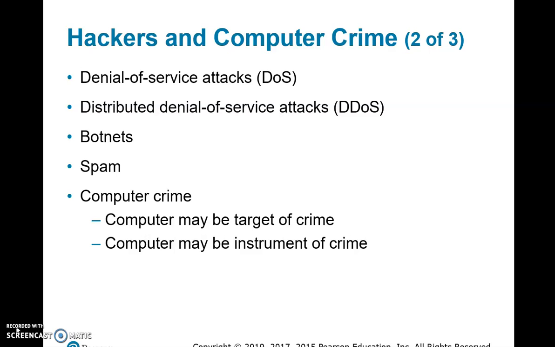There are other things you can use botnets for, such as home electronics and appliances, to increase automated attacks as well. So these are some of the computer crimes and computer attacks.